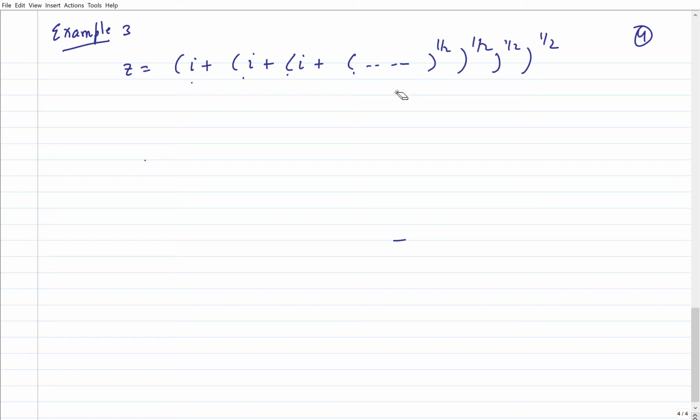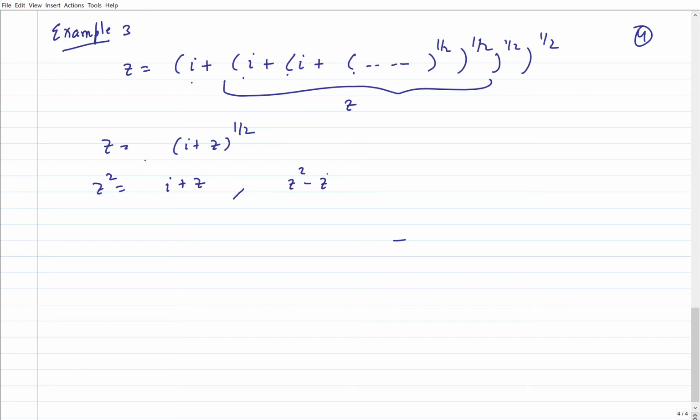Since it's recurring, I can put this again as z. So my equation becomes, and when I square it, it becomes, that becomes z equals half plus minus half 1 plus 4 iota.